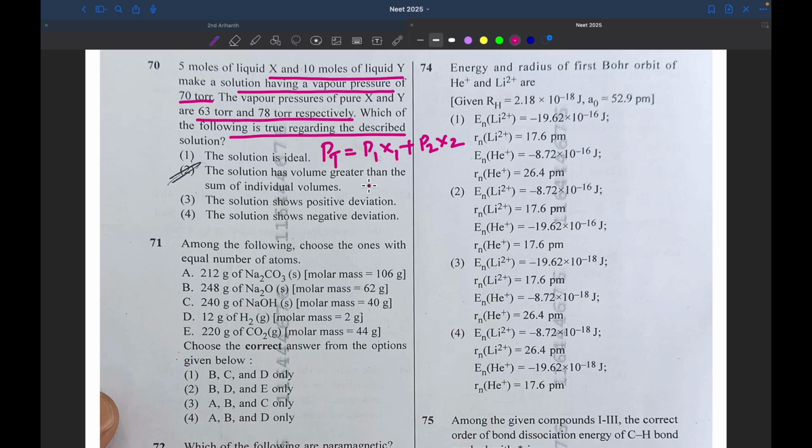The liquids are 10 moles and 5 moles with vapor pressure 70. So is 70 equal to 63 into 5 by 15 plus 78 into 10 by 15? If we solve this and it satisfies, we say the solution is ideal. If the value is more, it is positive deviation; if less, negative deviation.